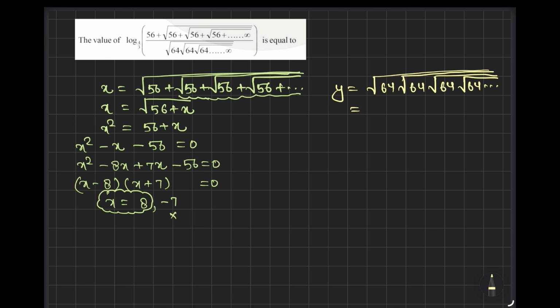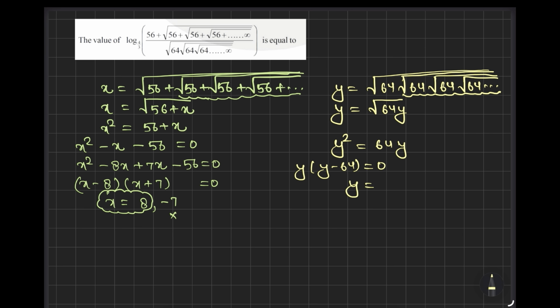You have assumed y to be this, so can I say that this part is also representing y? So can I write root of 64y? Now squaring both sides, y square equals 64y. Now everything on one side, so y times (y minus 64) equals 0.